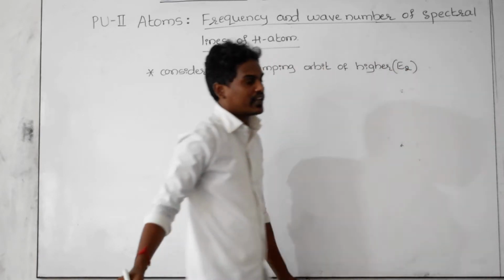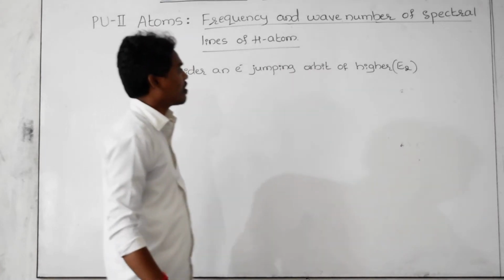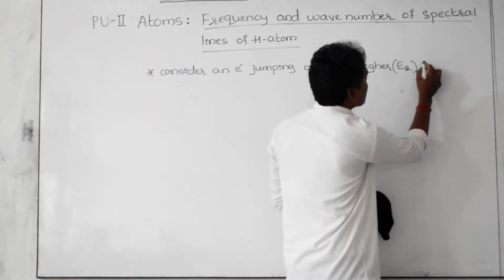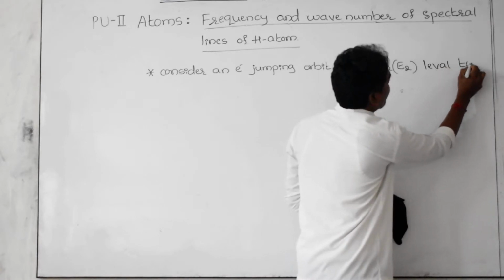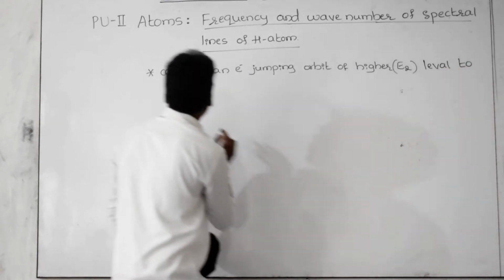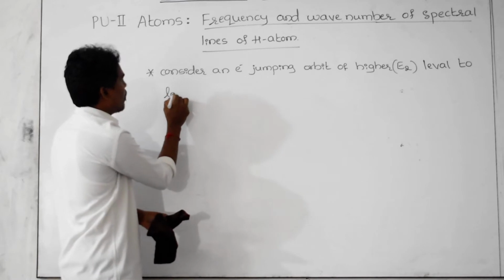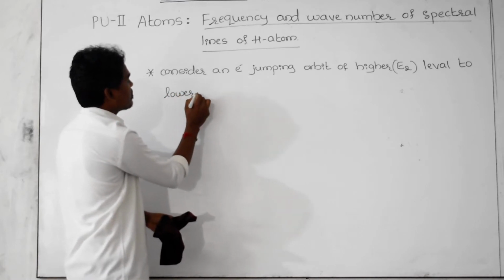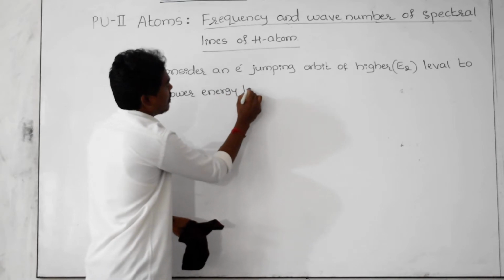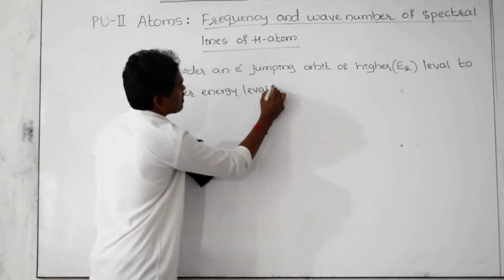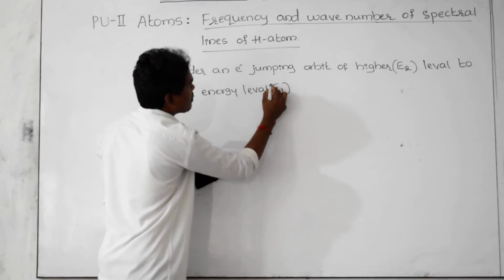E2 indicates higher energy level. Consider an electron jumping from orbit of higher energy level to lower energy level. That lower energy level I am considering as E1 energy level. That is, I am taking it as E1 here.